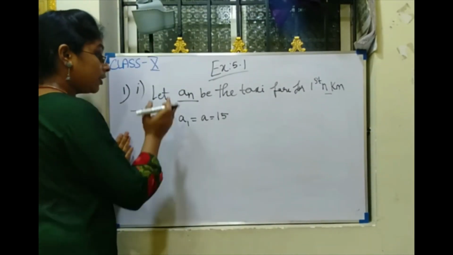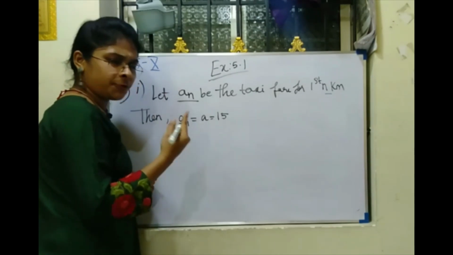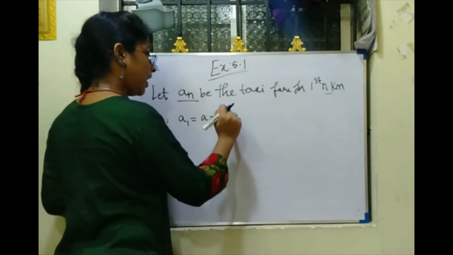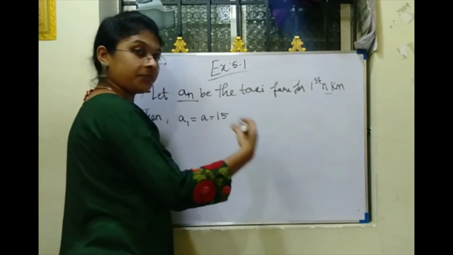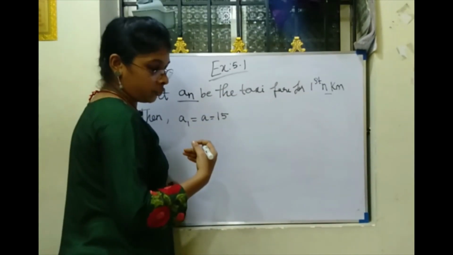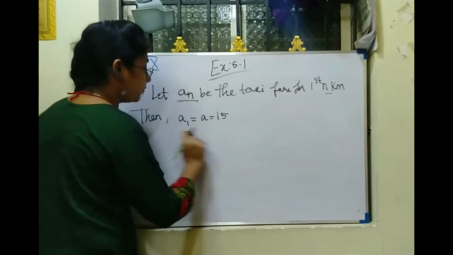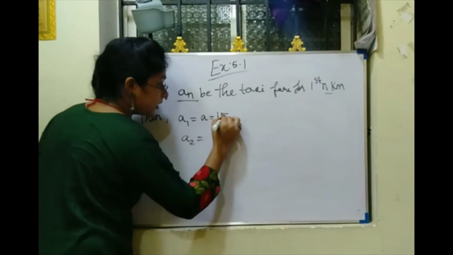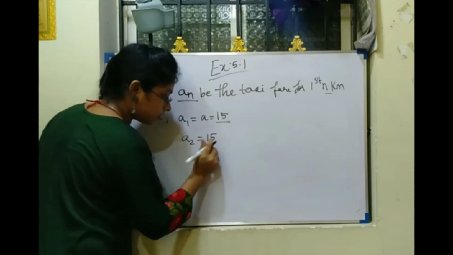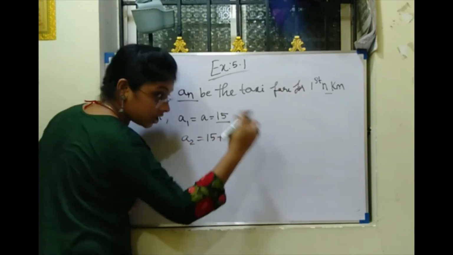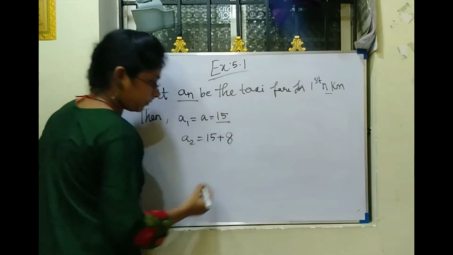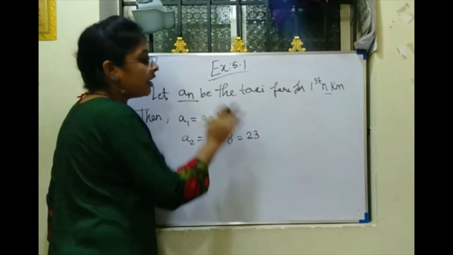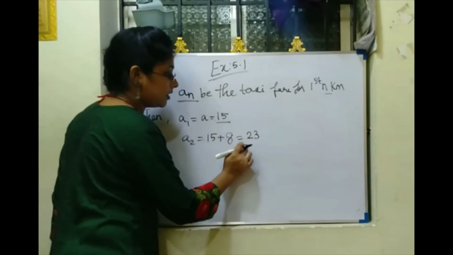Then the first term, that is the cost for the very first kilometer, is 15, and they have told that for each and every kilometer we have to add 8 rupees. So if the first term is rupees 15, the second term will be the first kilometer cost plus the extra charge for each kilometer, which is rupees 8. Okay, so 15 plus 8 will be 23. The cost for the very second kilometer is 23.